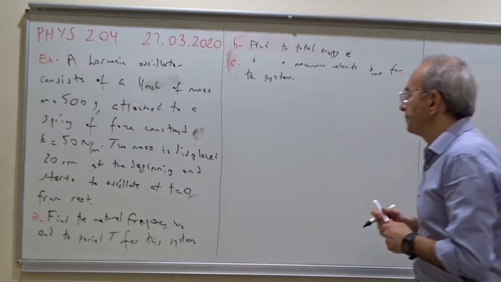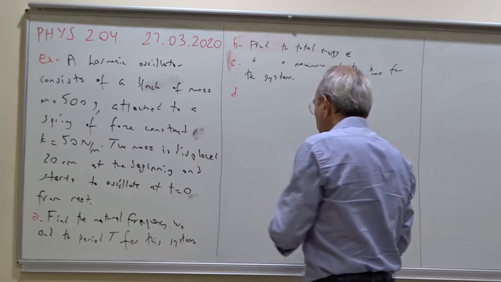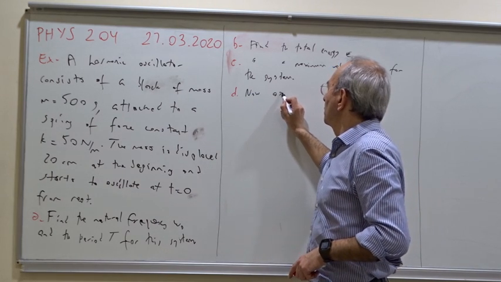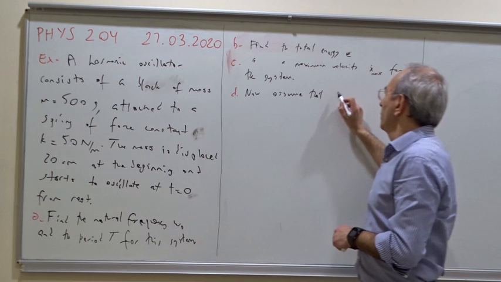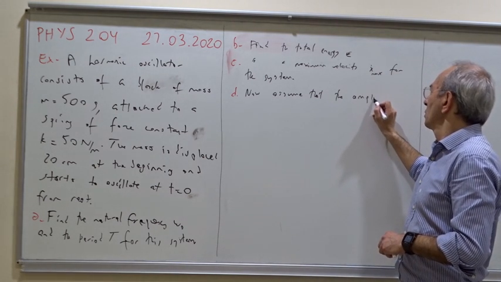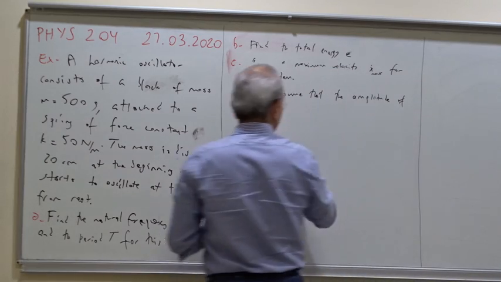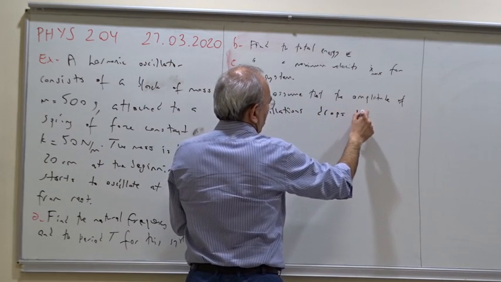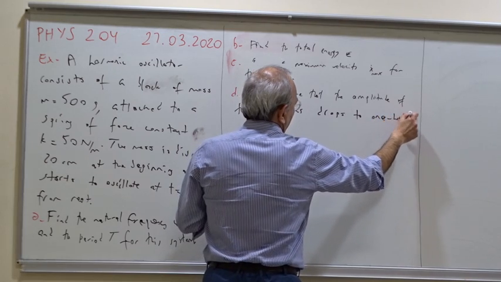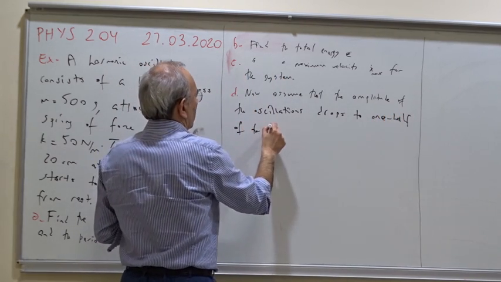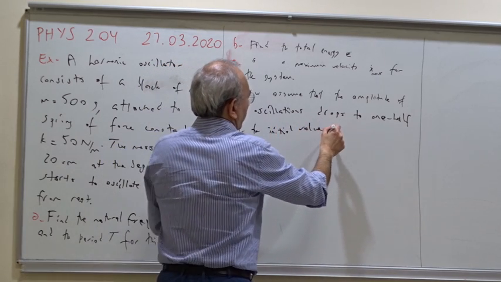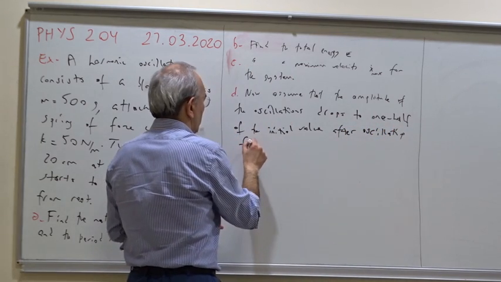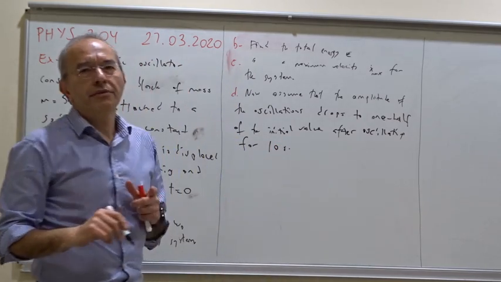And we have a part D. Now assume that the amplitude of the oscillations drops to 1/2 of the initial value after oscillating for 10 seconds. Calculate the damping parameter beta.